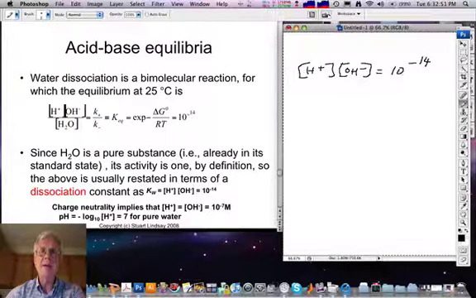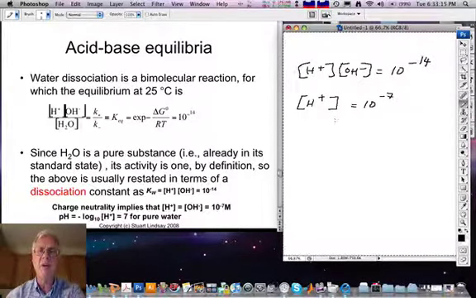Now, this means that in neutral water, no acid or base added, the population of H plus must equal the population of OH minus, and that therefore means that, for example, the fraction of protons is 10 to the minus 7, because the product of that with the concentration or activity of OH minus has to be 10 to the minus 14.